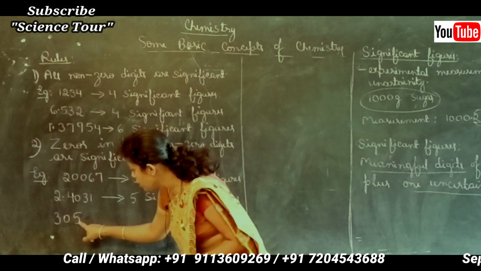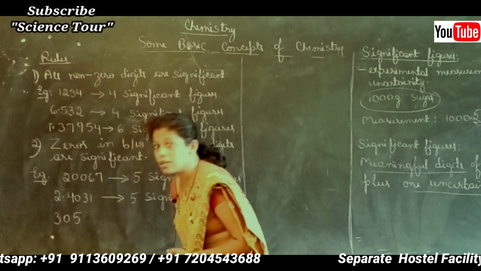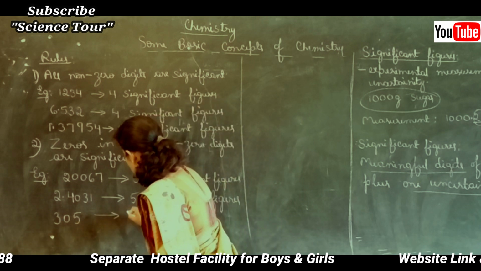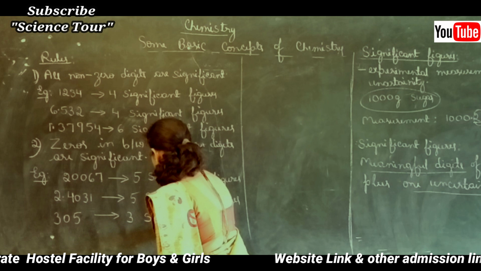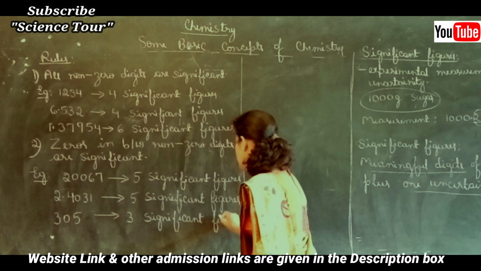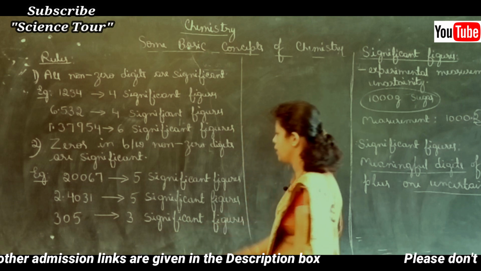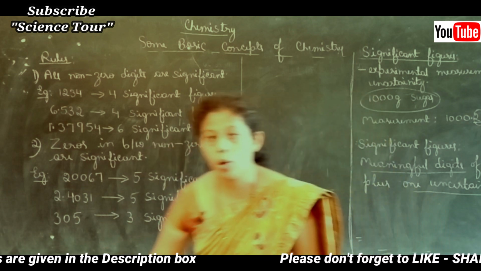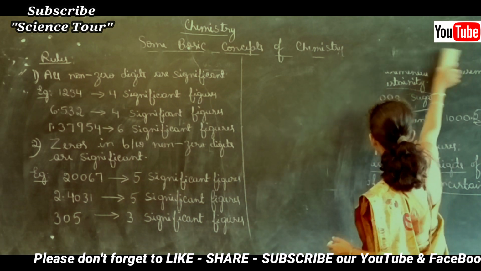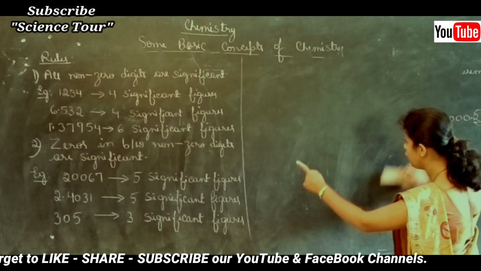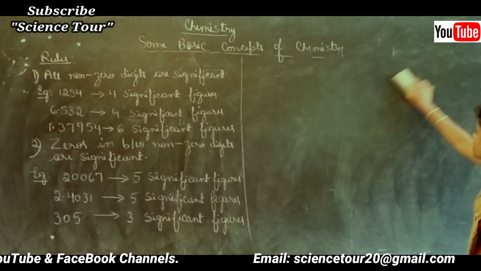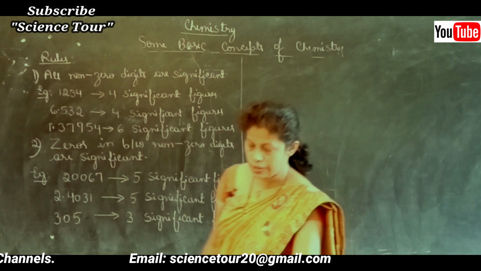We have 2 non-zero digits. In between there is a 0. So totally I have 3 significant figures. So this is about rule number 2. Till now what did we study? All zeros are significant if they are present between non-zero digits, and all non-zero digits are significant. These are the 2 rules we studied.